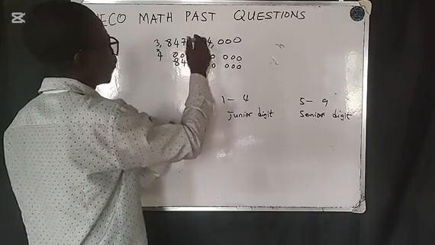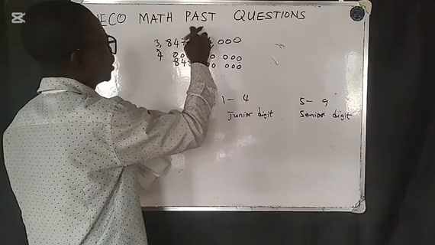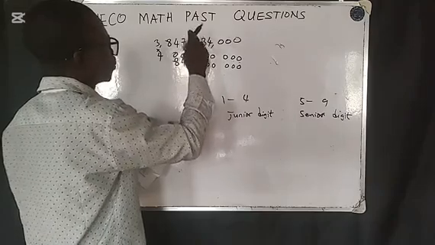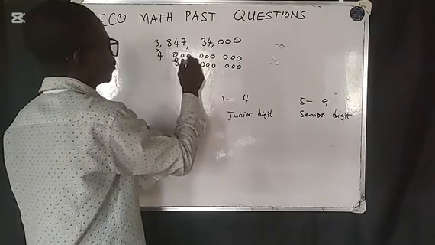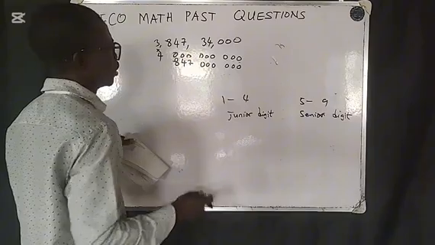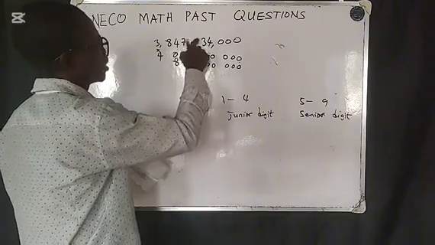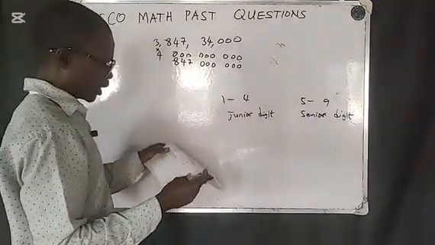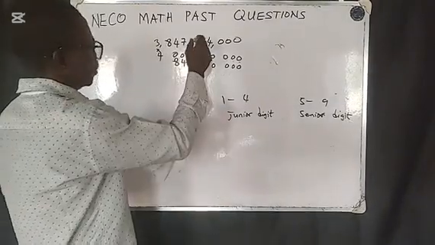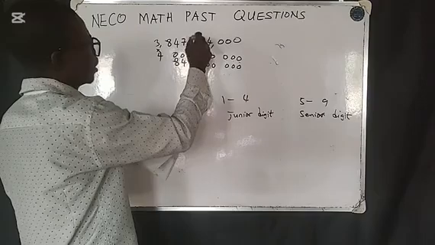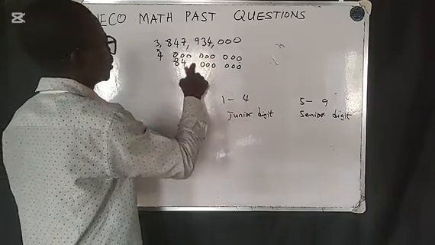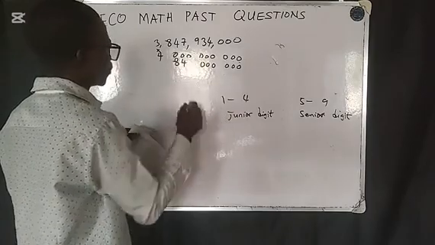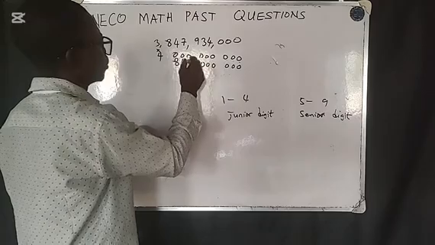Assuming this place was 1, 2, 3 or 4, we would not need to add anything; we would just leave it at 7. But it's not 1, 2, 3 or 4. It is 9. Because 9 is a senior digit, we turn it to 0 and add 1 to this, so this one changes from 7 to 8.